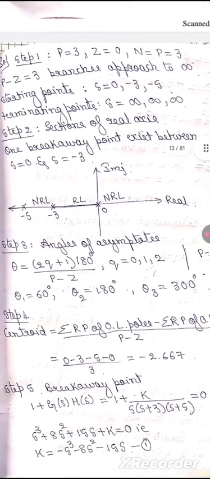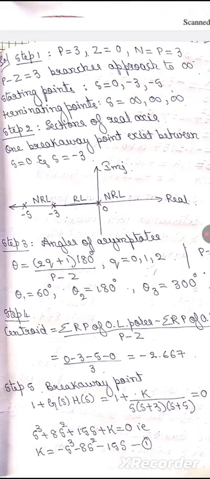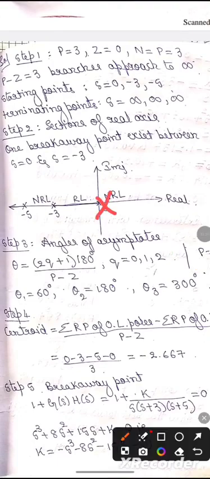So, section of real axis. First you need to mark the poles 0, minus 3 and minus 5. If you hold a hand at minus 3, from minus 3 to 0 only one pole is visible. The sum of poles and zeros visible should be an odd number; only then does the root locus exist.